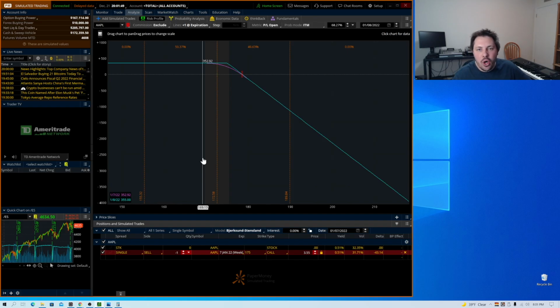When we buy the call, we're saying we're buying the right to buy this underlying security at a certain price before a certain date. When we buy the put, we're buying the right to sell the underlying asset at a certain strike price before a certain date. And then when we're selling these options, we're obligating ourselves to do something.